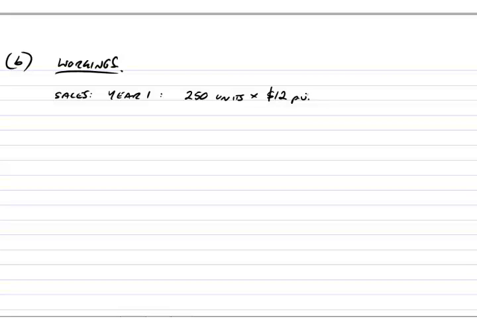And so the actual revenue, it's $12 a unit, but at time 1 in a year's time, it'll be 5% higher, so multiply by 1.05 to inflate. 250, $12, 1.05. Sorry, my calculator went wrong. I get 3150.